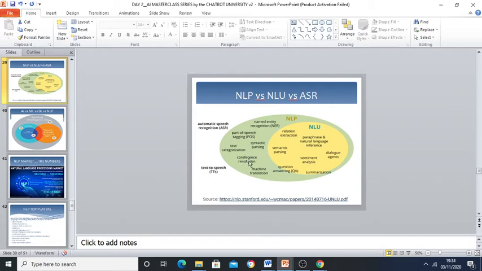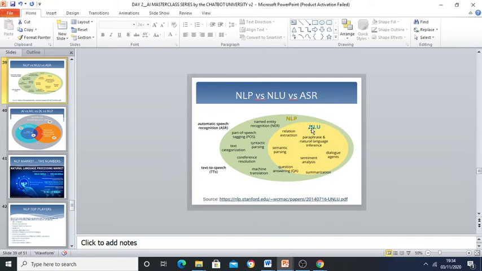Co-reference resolution sits within that. Machine translation sits within that. NLP also has as a child NLU, the way that deep learning sits in machine learning. NLU sits in NLP, but NLU is also distinct from NLP.